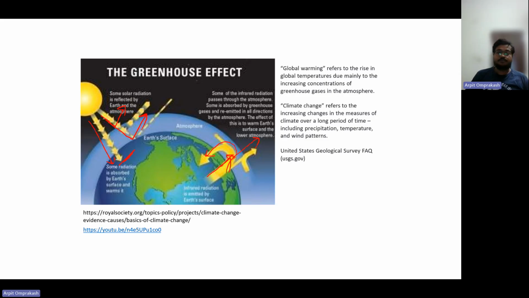So when we are talking about climate change, what we are referring to is not just the temperature, but a lot of different things. For example, climate change includes global warming because it also looks at how the temperature is changing across years, how the precipitation is changing across years in a given area, in a larger area, how the wind patterns are changing across the globe. And so those kinds of things are looked at by climate change.